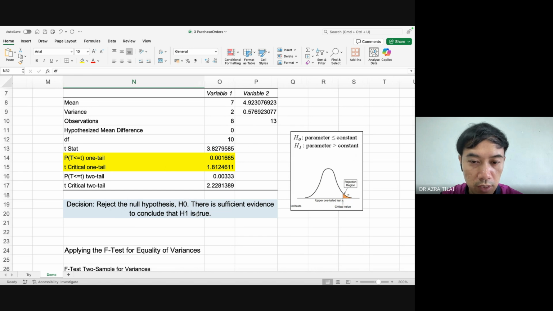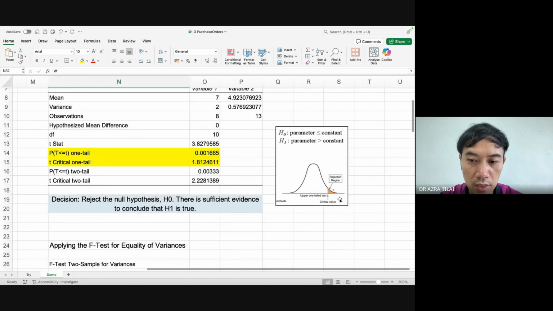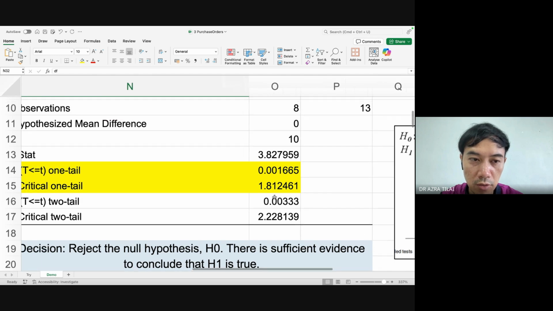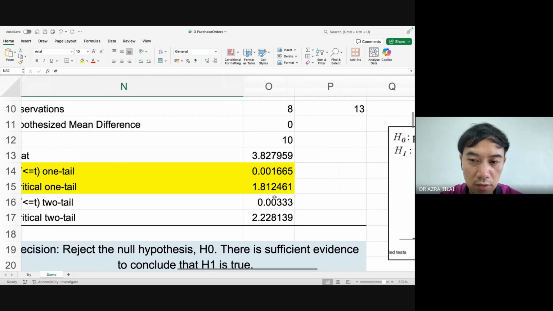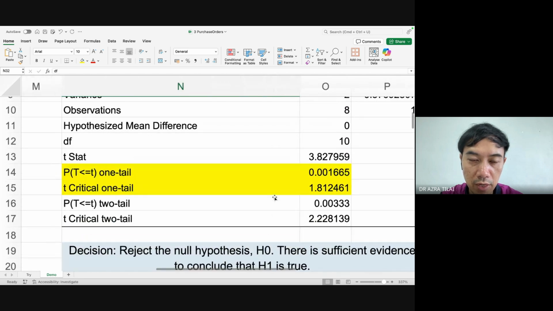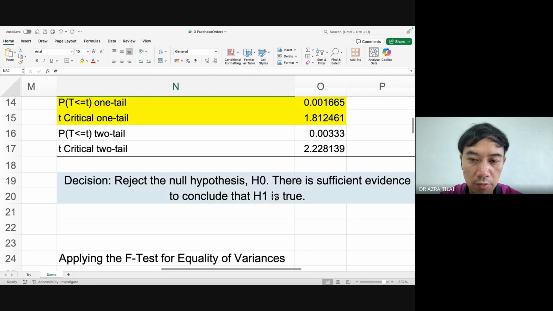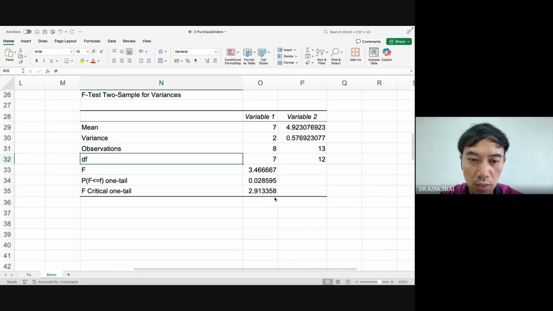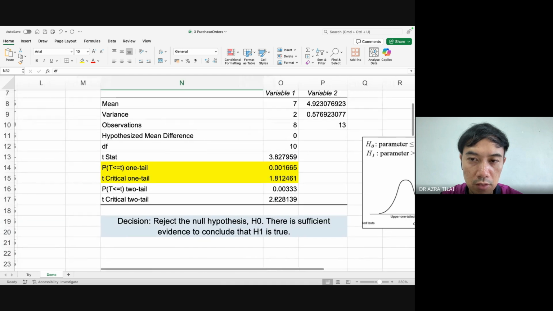Why do we reject the null hypothesis? Because if we reject it, the answer should be within the rejection area. So where is the answer here? And what level of confidence did they use? Not mentioned, the level of confidence.